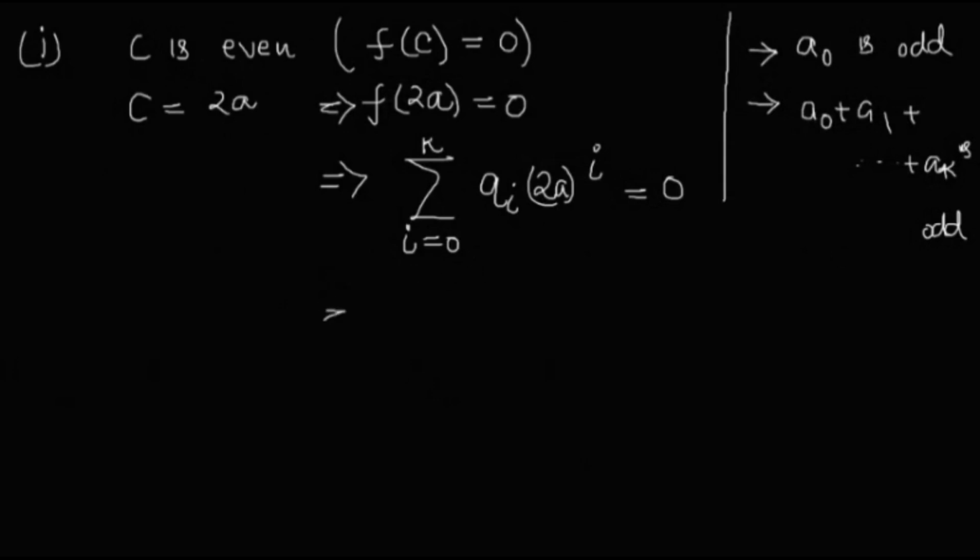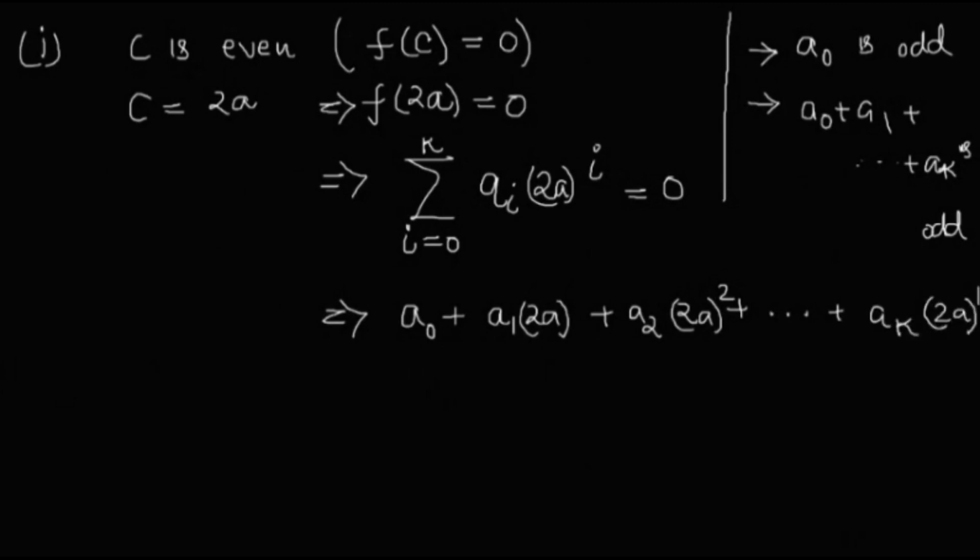So if you substitute, you'll find that this is a naught plus a1 twice a plus a2 twice a squared, and the last term will be ak twice a to the power k.